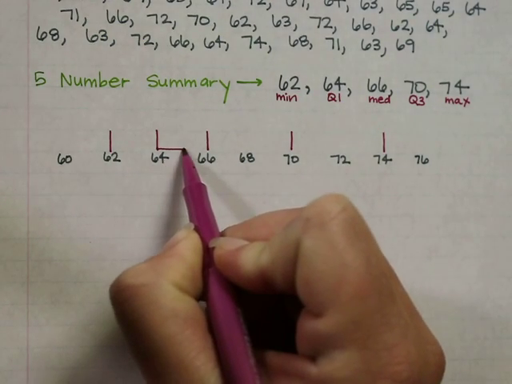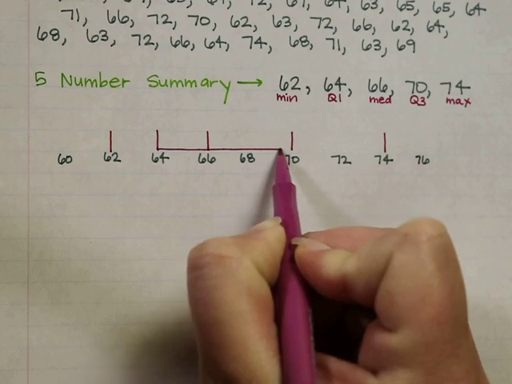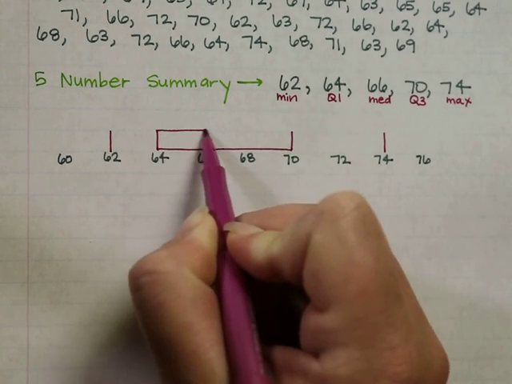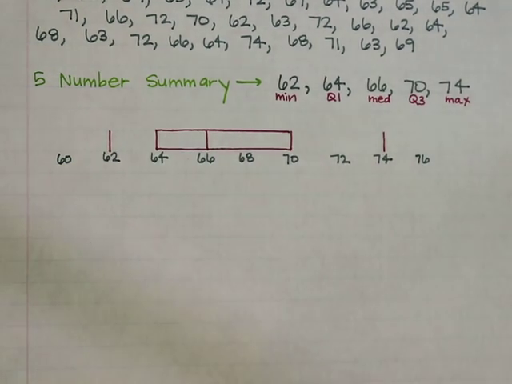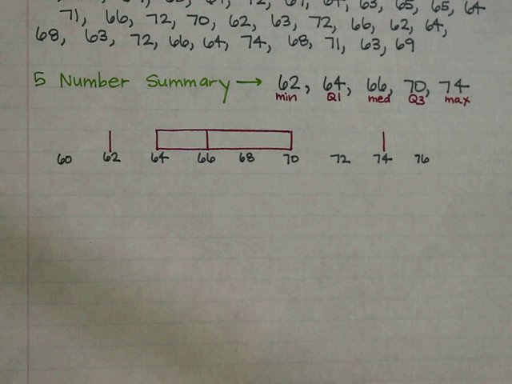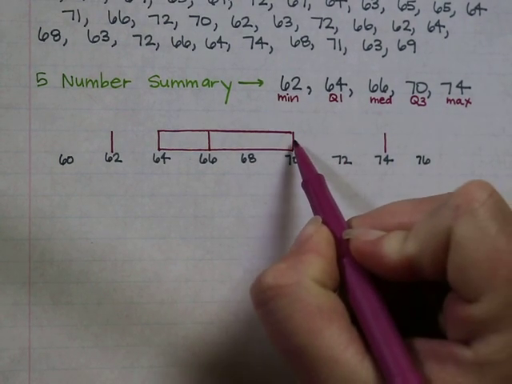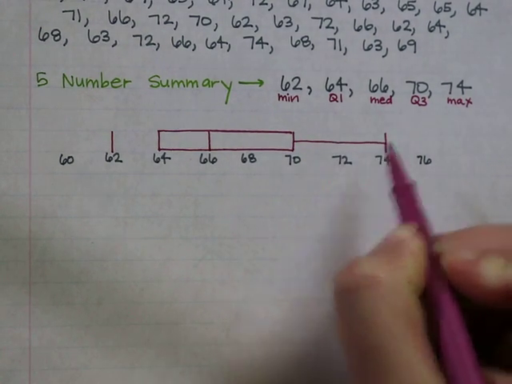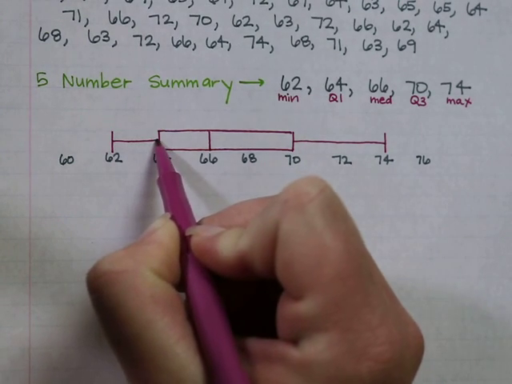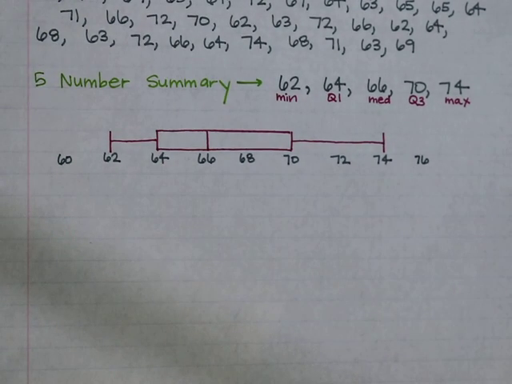So let's make the box. The box represents the middle 50% of the data, and it's formed by Q1 on one side, Q3 on the other, and then the median in the middle. Each whisker represents either the top 25% or the bottom 25%.